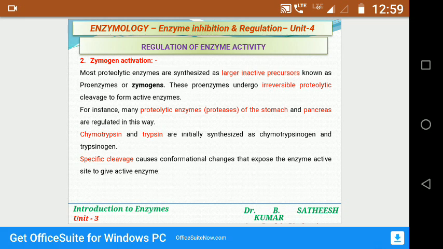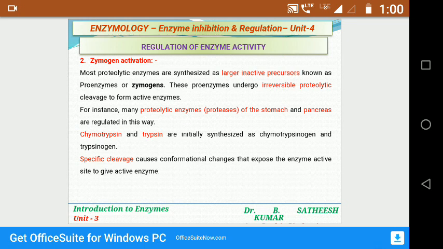In the digestive system, the hydrolytic enzymes are produced as inactive enzymes, and the active counterparts of the digestive enzymes will be smaller than the inactive forms.